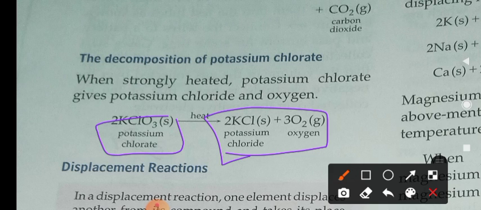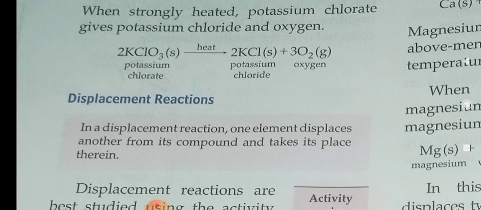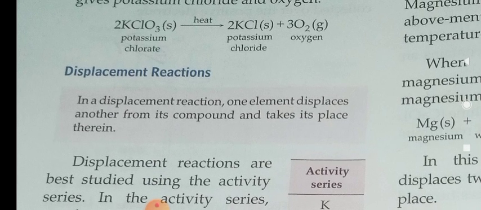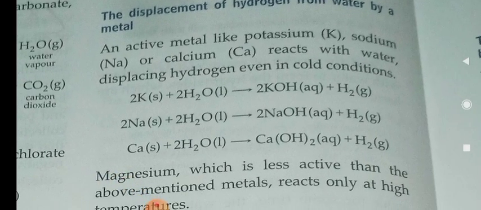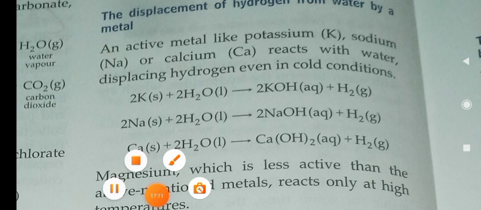Okay, now displacement reactions. Displacement reactions are very simple reactions. One element displaces another from its compound and takes its place. That is the displacement reaction. Let us discuss how. Look at this example. Potassium reacts with water to form potassium hydroxide and hydrogen. See what happened there?